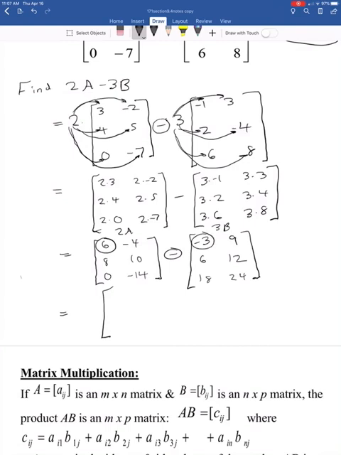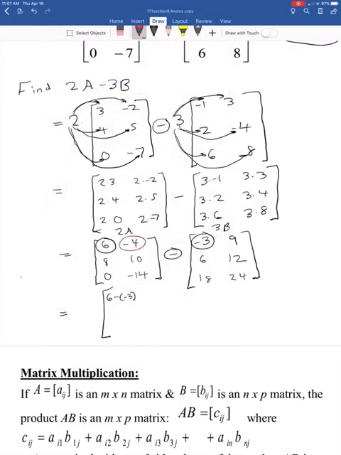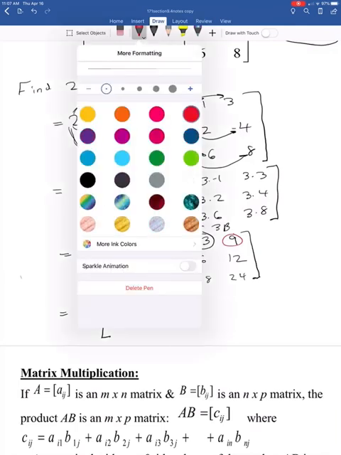So the corresponding entries. Row 1, column 1 entry, we've got 6 minus -3. As we go to row 1, column 2, the -4 and the 9, -4 minus 9. So we found the difference. Those are the 2 entries there in row 1.